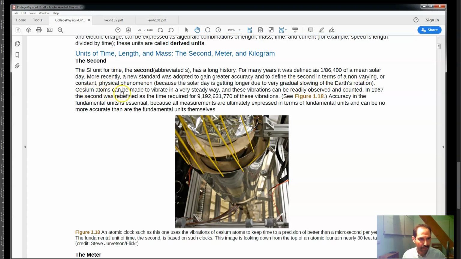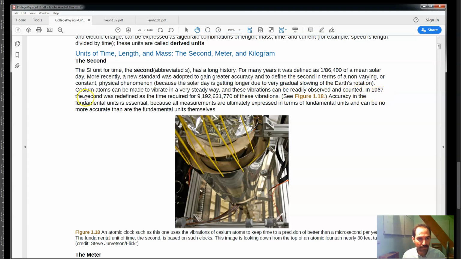So cesium atoms can be made to vibrate in a very steady way. This is what I was talking about. These vibrations can be readily observed and counted.